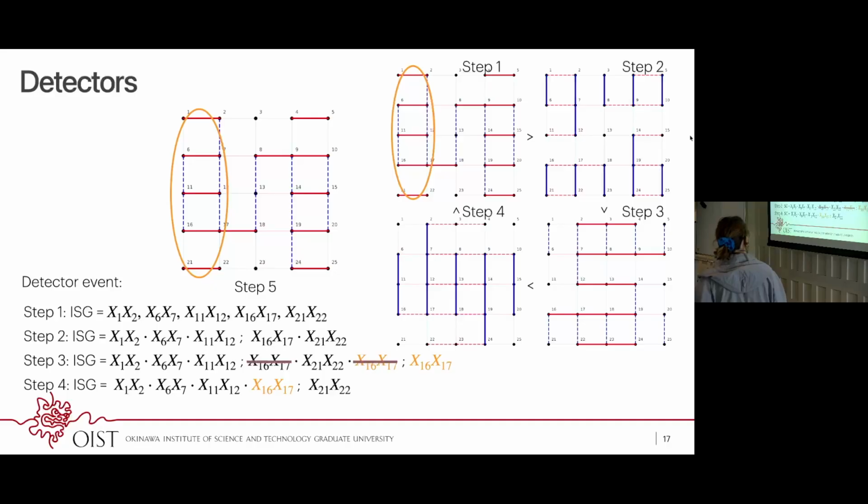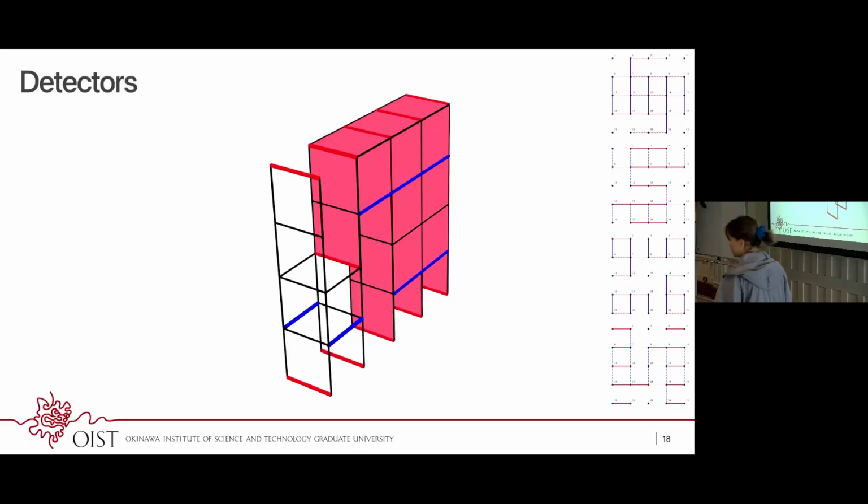In the next time step, we again measure the ZZ pairs, and this time the ZZ pair measurements group the newly measured X16, X17 into the 6 qubit X stabilizer. This stabilizer can be reconstructed by the measurements made in step 5, and therefore it became a detector.